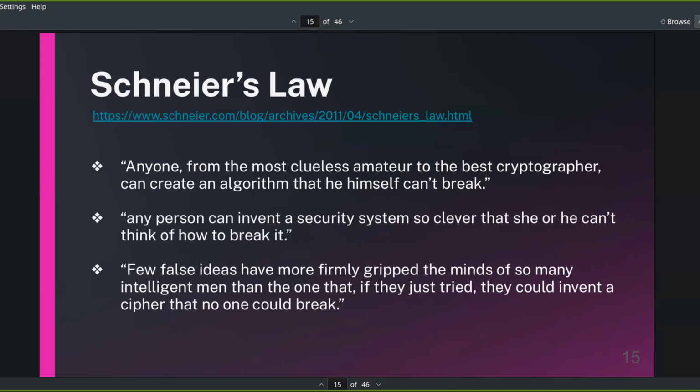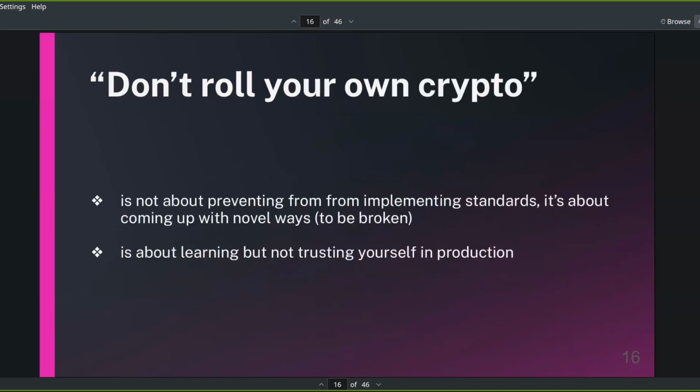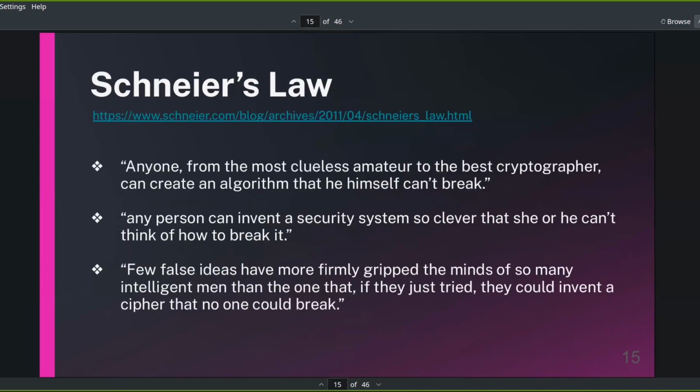But this is easily defeatable by frequency cryptanalysis. You just look at the frequency of letters in the text, and you match that with the frequency of how letters are used in a language, and you decrypt this. And there are many other ways for cryptanalysis, which is the science of decrypting those things.